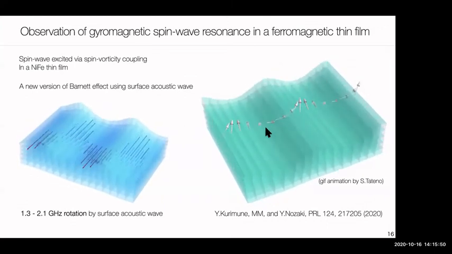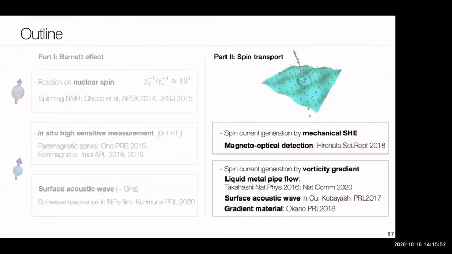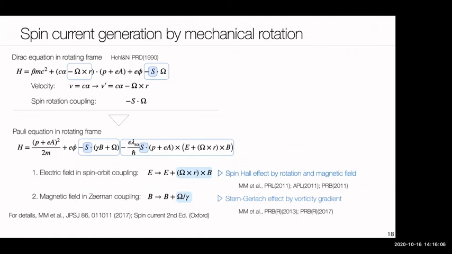Okay, so now let's move on to the second part, the spin transport by using the mechanical rotation or the vorticity field. Let's start with the Dirac Hamiltonian in the rotating frame. This Dirac Hamiltonian has two additional terms compared to the usual Dirac equation, here and here.